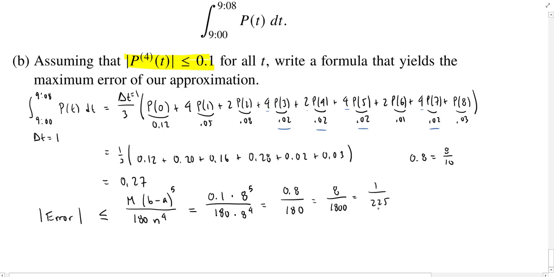So if 1 over 100 is 0.01, then 1 over 200 would be 0.005. So this is even less than that, right? So we know our error is going to be less than 0.005. So not too bad, right? This is actually a pretty decent approximation. And there we go.